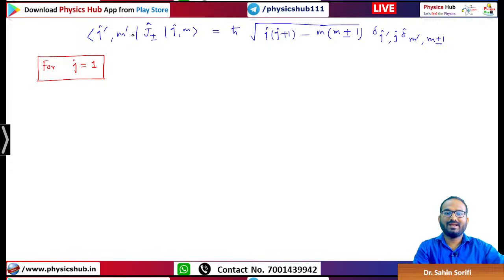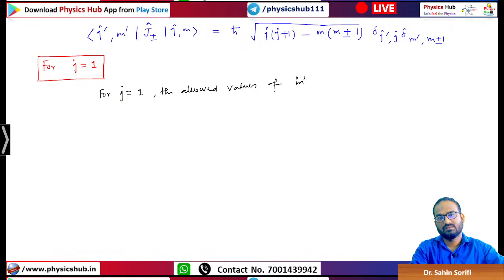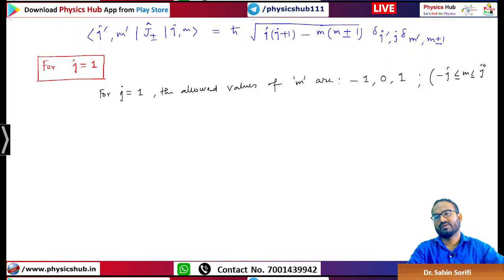We have given the value of J, so we can easily calculate the value of M. For J equals 1, what will be the allowed values of M? Minus 1, 0, plus 1, isn't it? Because we know minus J is less than or equal to M, which is less than or equal to plus J.